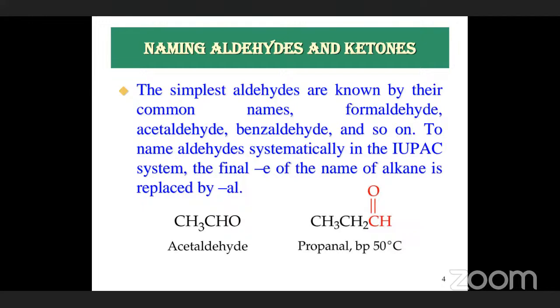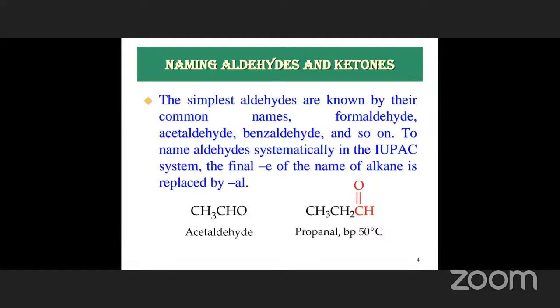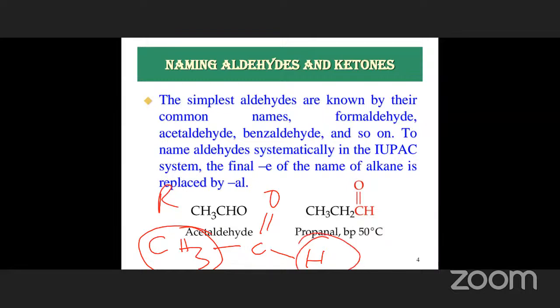So, if you look at this, that first structure there, CH3CHO, which you can also, if you were writing it out, write it like this, CH3, C double bond O, and then H. Okay, so here you see that the R, as represented in the general formula, is CH3, and the R prime, as represented in the general formula, is H. Okay, so how do we name this?